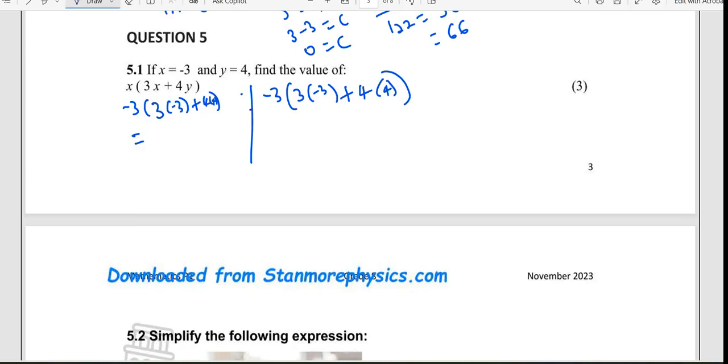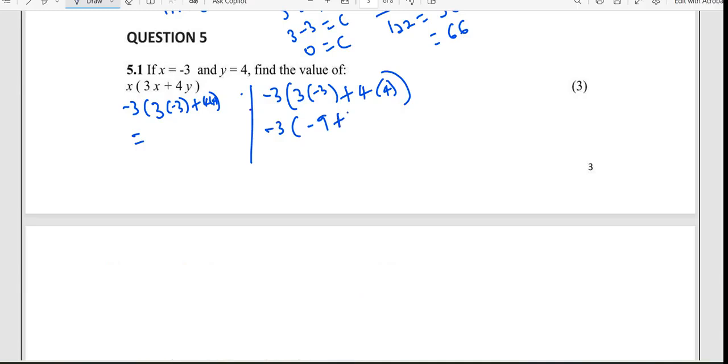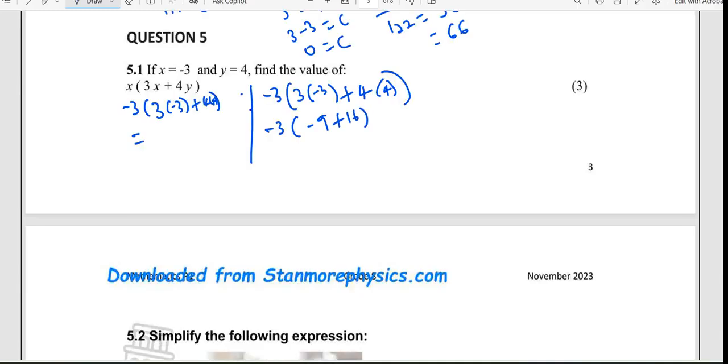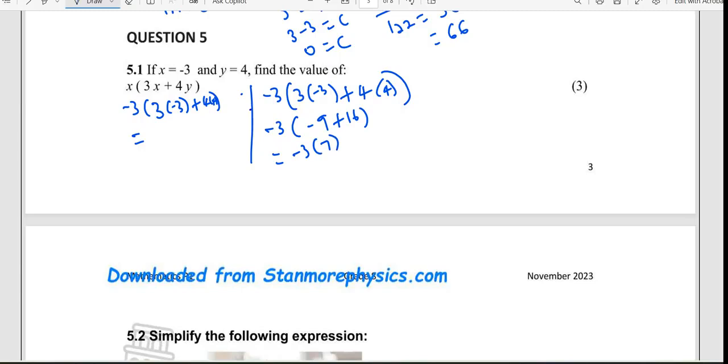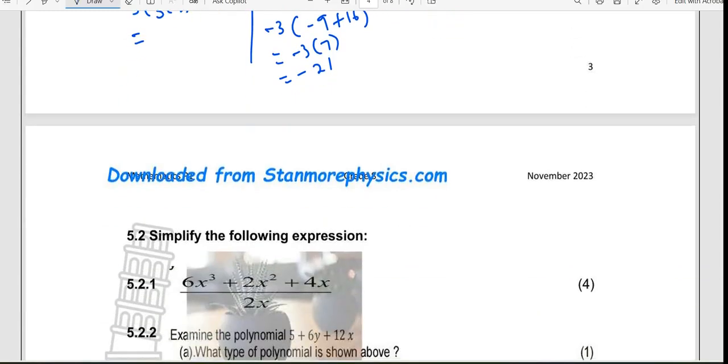And then I will multiply what is in the brackets. 3 times -3 is going to be -9, plus 16, which equals -3 times 7. And the answer is -21.